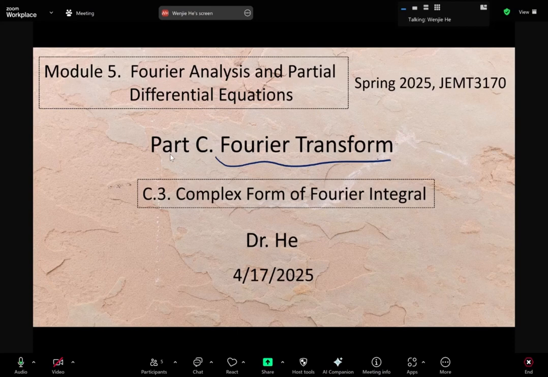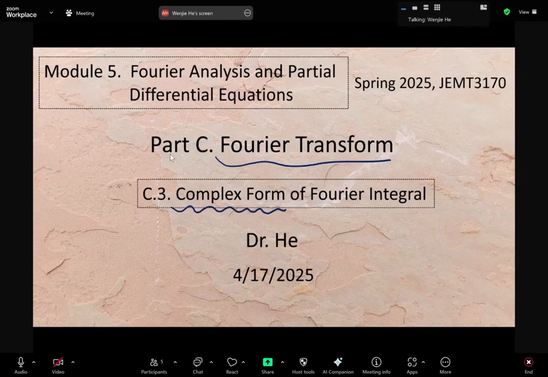From the Fourier cosine transform and Fourier sine transform, we move another big step forward to the Fourier transform. But for this big step, we need to go the complex way.